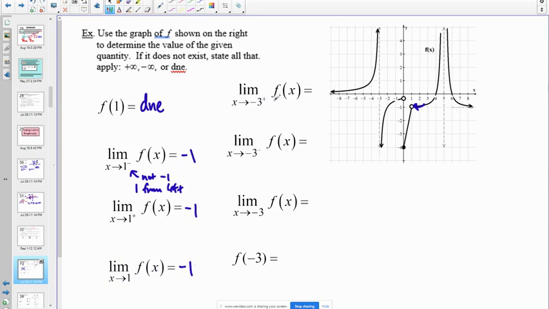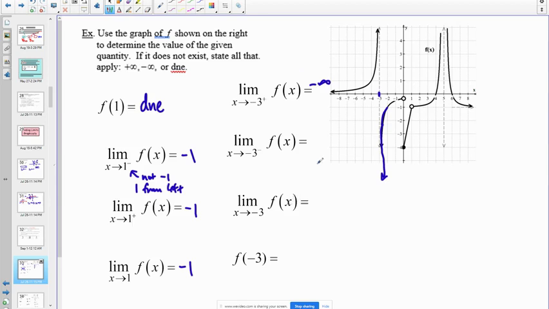Let's look at this problem here. Now I'm going to approach -3 from the right. So here's my -3. If I approach it from the right, don't start all the way over here, this is going to confuse you. You want to start kind of close to -3. As you approach it from the right, what y value am I approaching? -infinity.